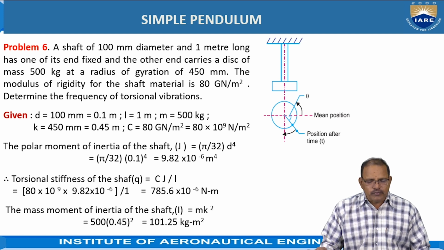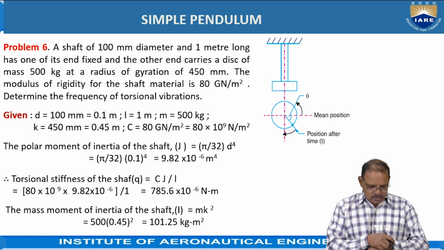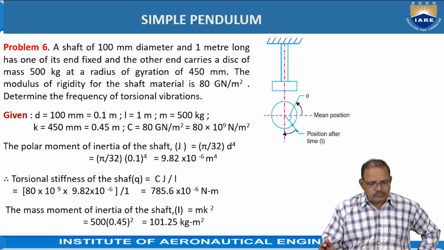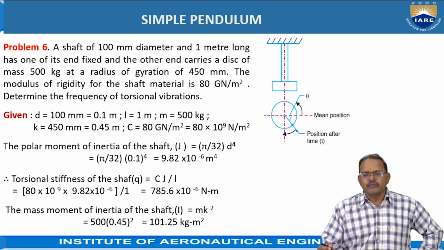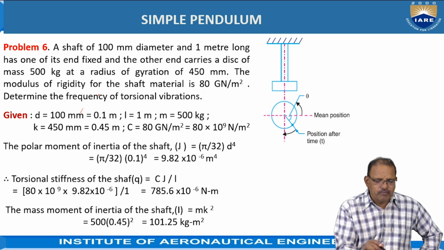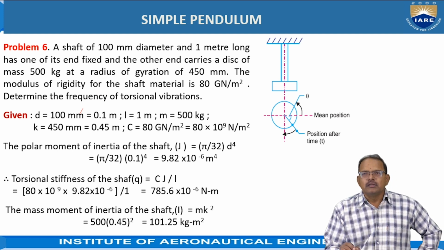The modulus of rigidity for the shaft material is 80 giganewton per meter square. Determine the frequency of torsional vibrations. Here D, the diameter of the shaft, is equal to 100 mm, which is equal to 0.1 meters. The length of the shaft is equal to 1 meter. The mass suspended at the end of the shaft is equal to 500 kg.